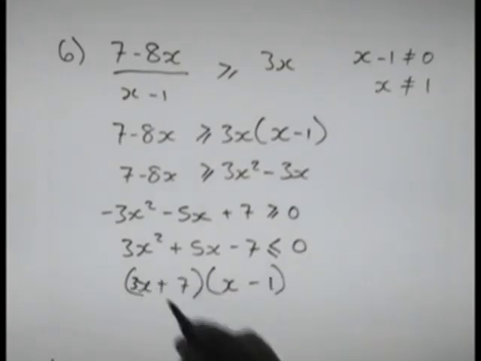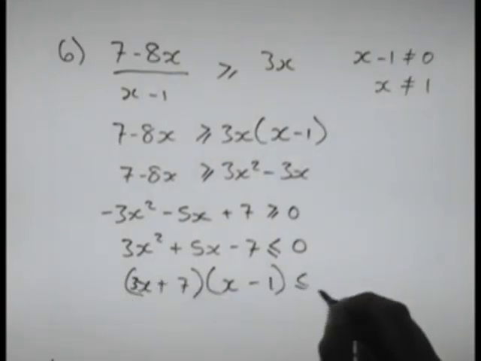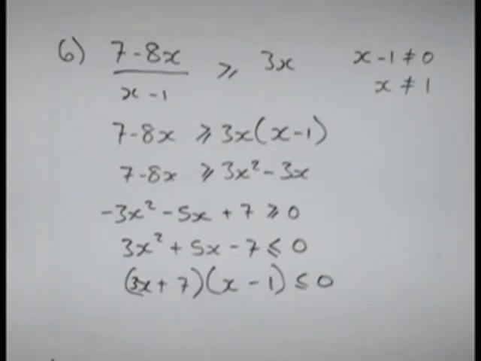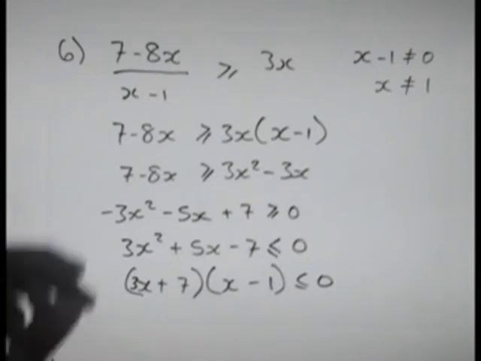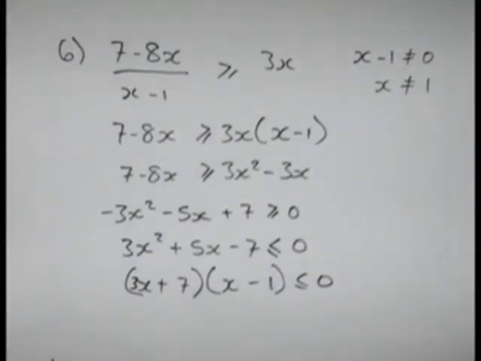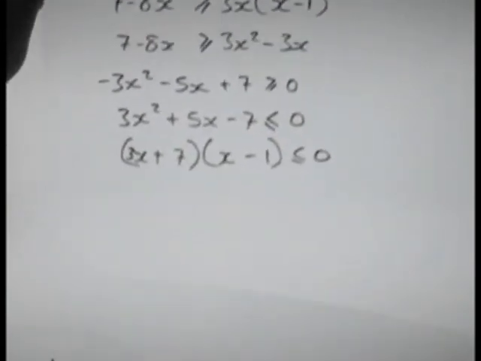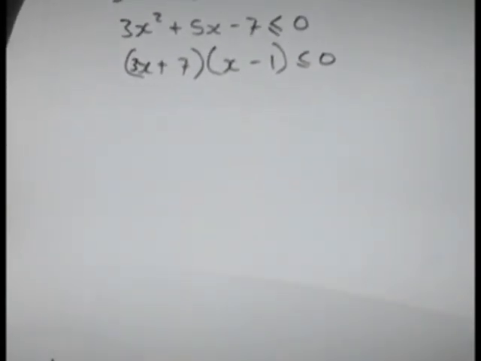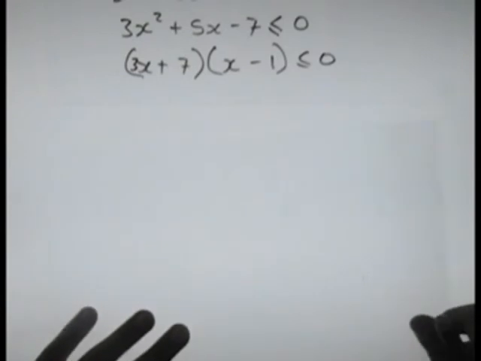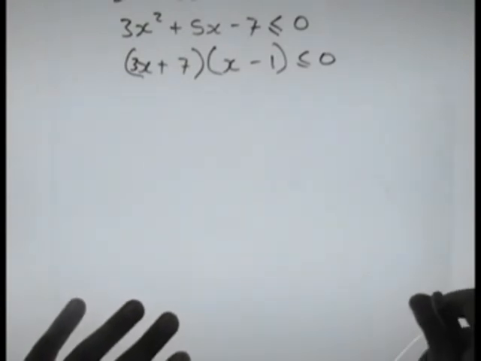The 3 is in front of the x. Less than or equal to 0. Because it's an inequality, that's not our solution just yet.